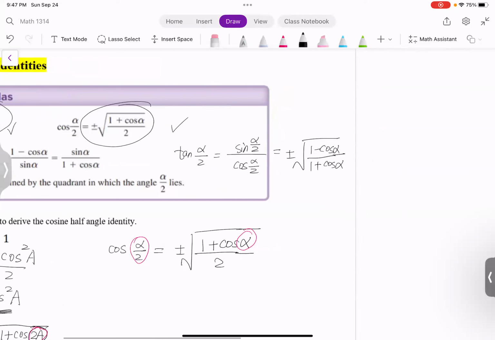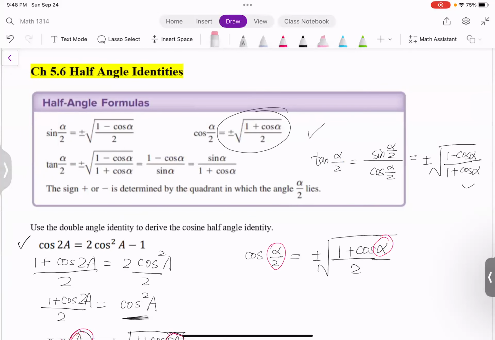I continue to simplify this expression. I'm going to have (1 minus cosine alpha) over sine alpha. Also, I can get sine alpha over (1 plus cosine alpha). So for the tangent, I could have many different identities, but they represent the same thing, and they have the same value.